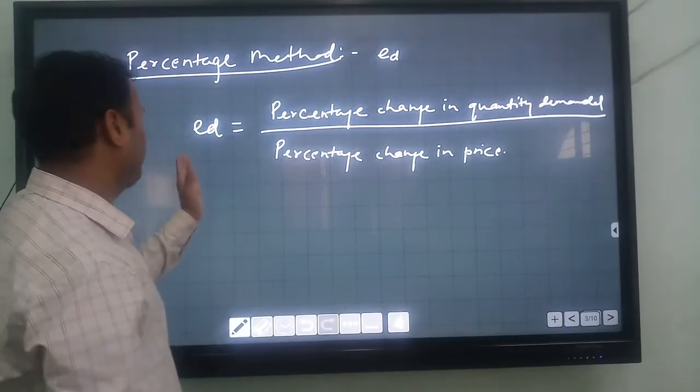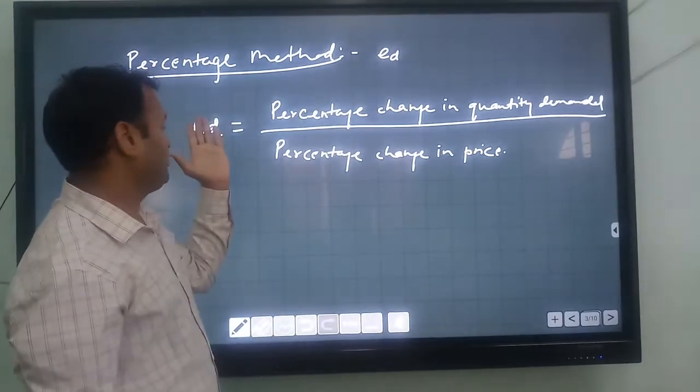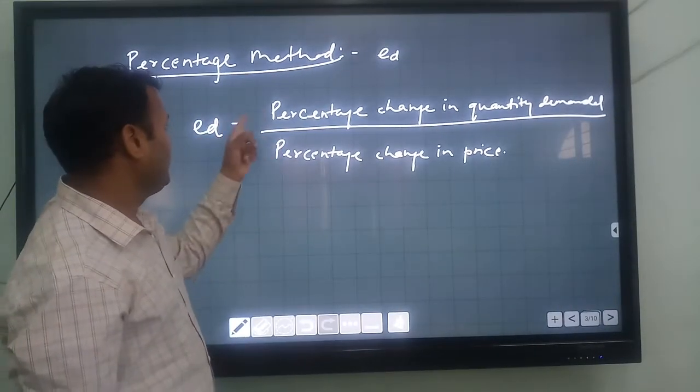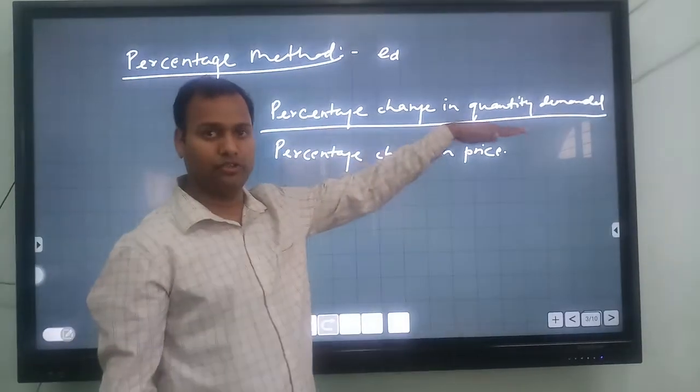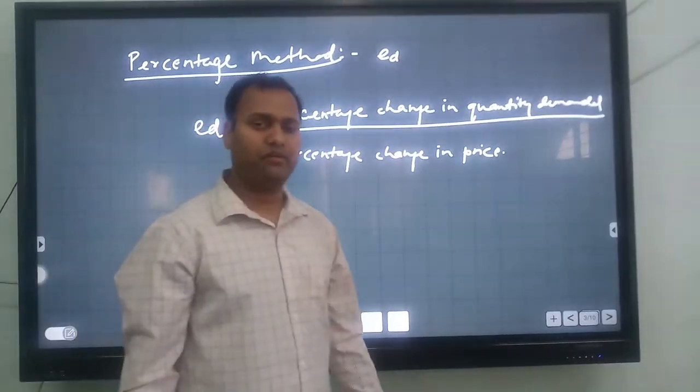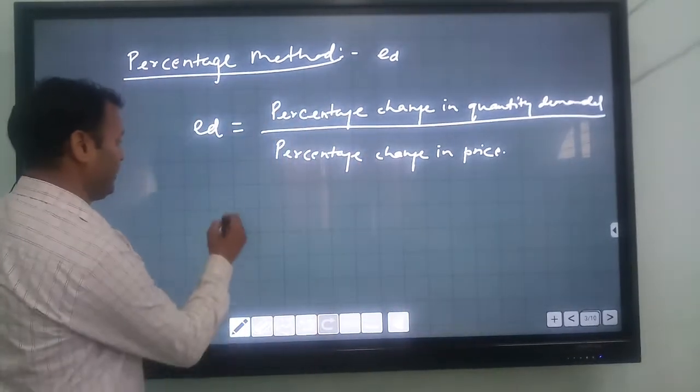This is also the definition of elasticity of demand: the ratio of the percentage change in quantity demanded and the percentage change in price.